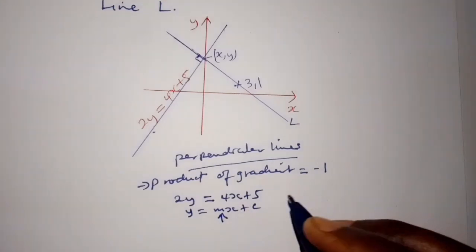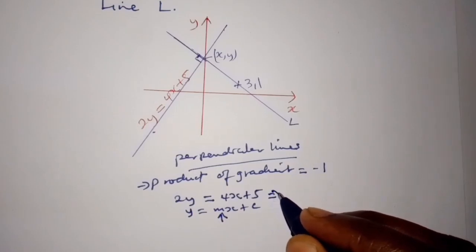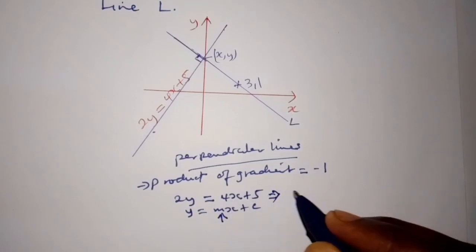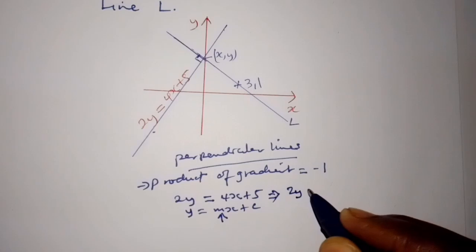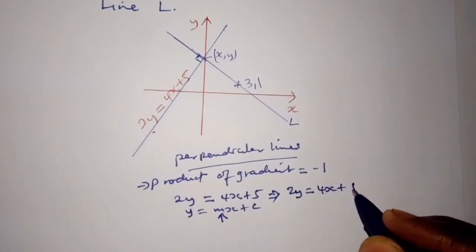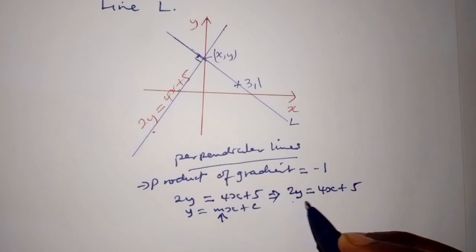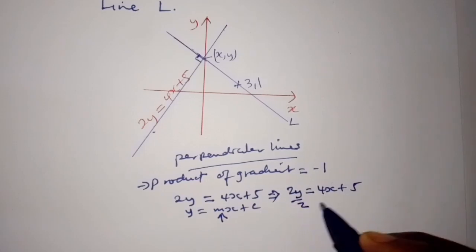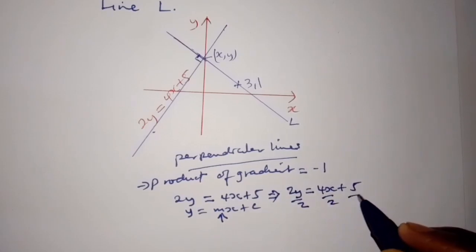So here, 2y = 4x + 5. We can divide here by 2, here by 2, here by 2.